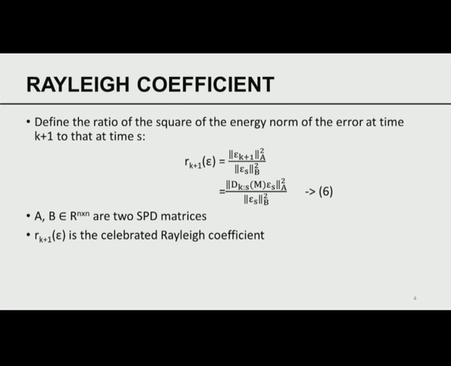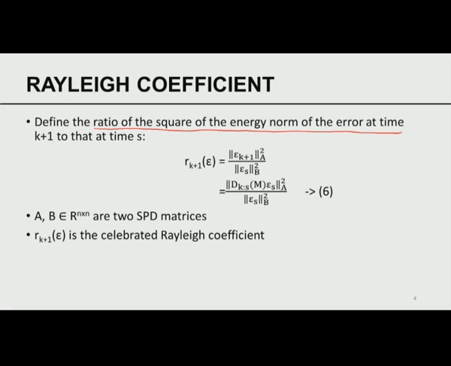So I am now going to introduce a scalar measure that tries to quantify the properties of errors, and that is done by a quantity called the Rayleigh coefficient. The Rayleigh coefficient is simply the ratio of the square of the energy norm of the error at time k plus 1 to that at time 0.